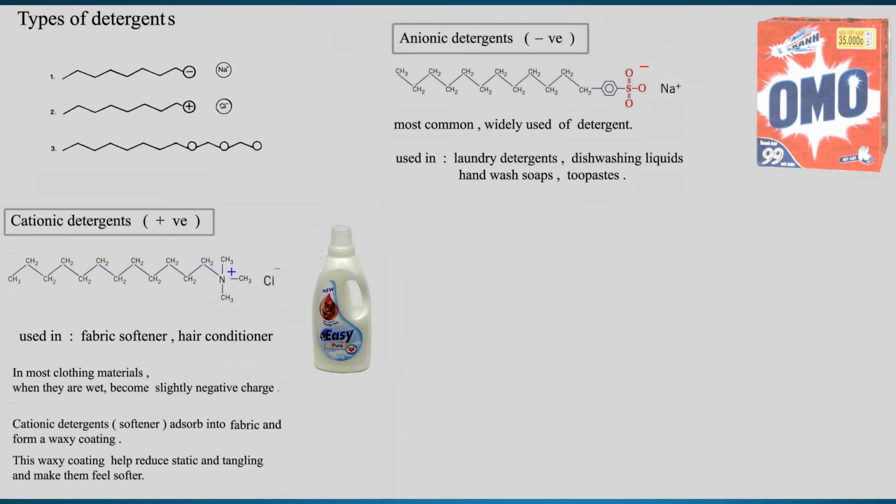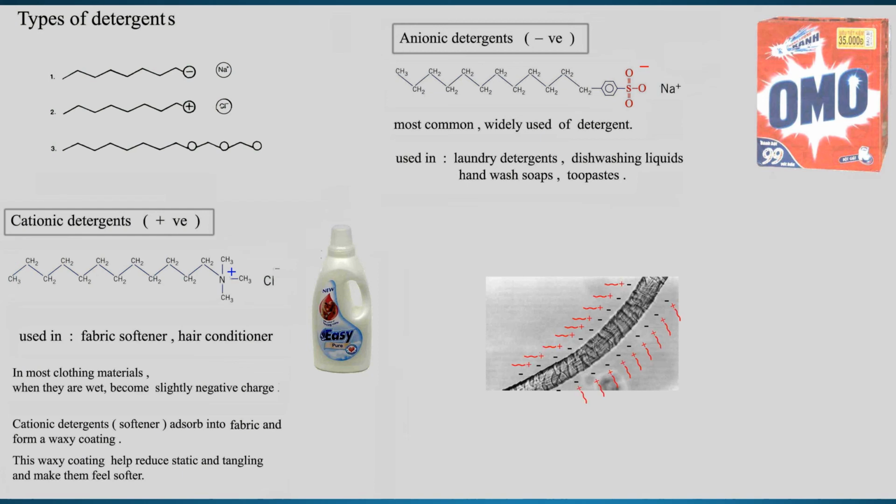The positive detergent, cationic detergent, is used as a fabric softener and hair conditioner. In most clothing material, when they are wet, they are slightly negatively charged. What does that mean? If you look at hair or wool fabric after washing, they are slightly negatively charged on the surface.